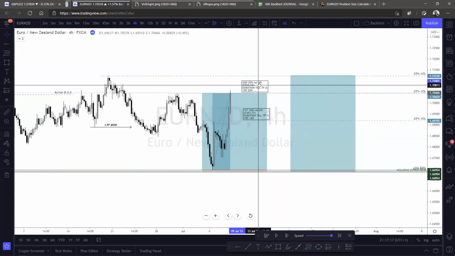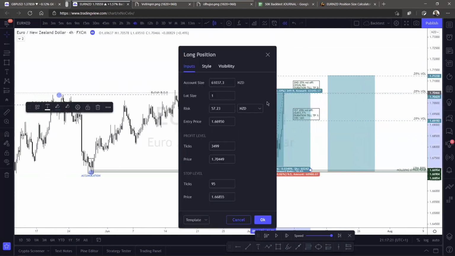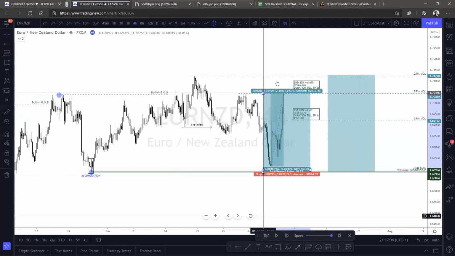Okay, cool. So that's in here. And then now let's see. So last thing that we have is 57.23 minus 14.30. So the remaining we have is 42.93 risk.